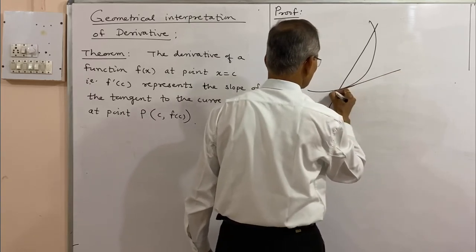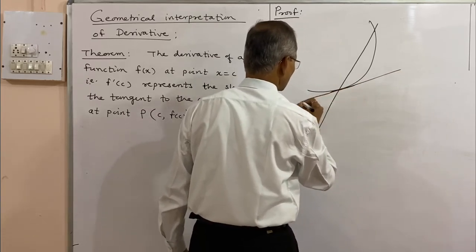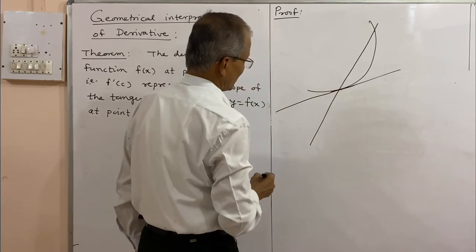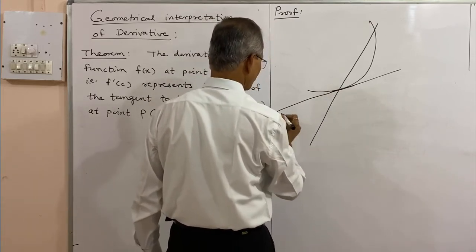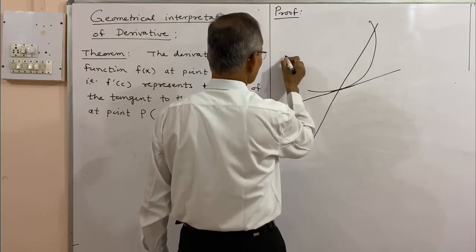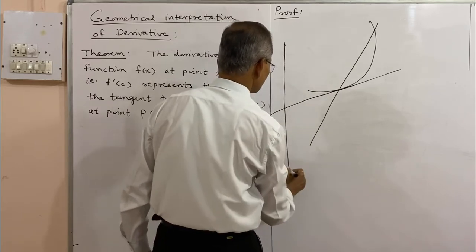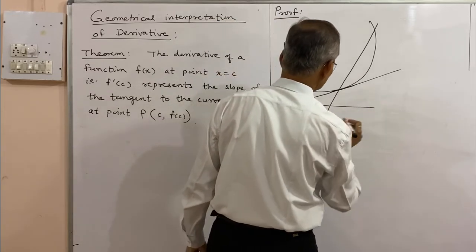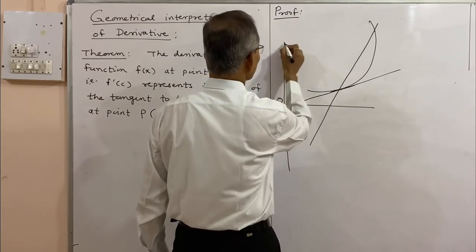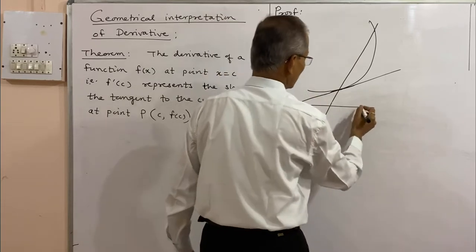This is the tangent line at P, and suppose the origin we will consider here. So this is the y-axis, and this is the x-axis.